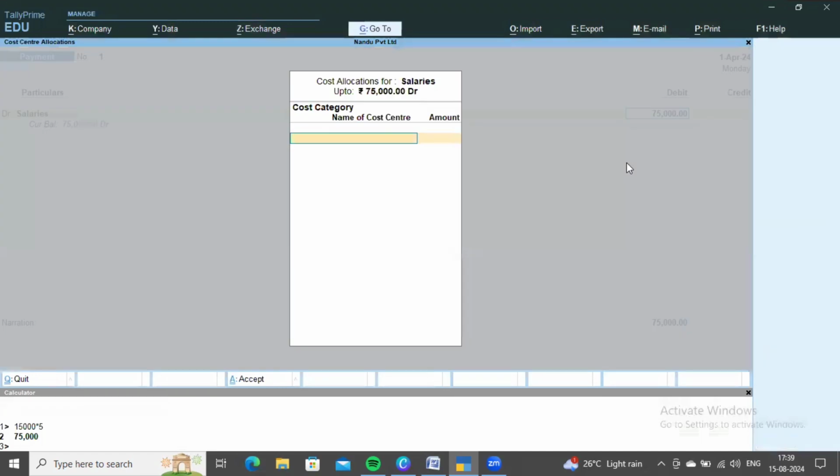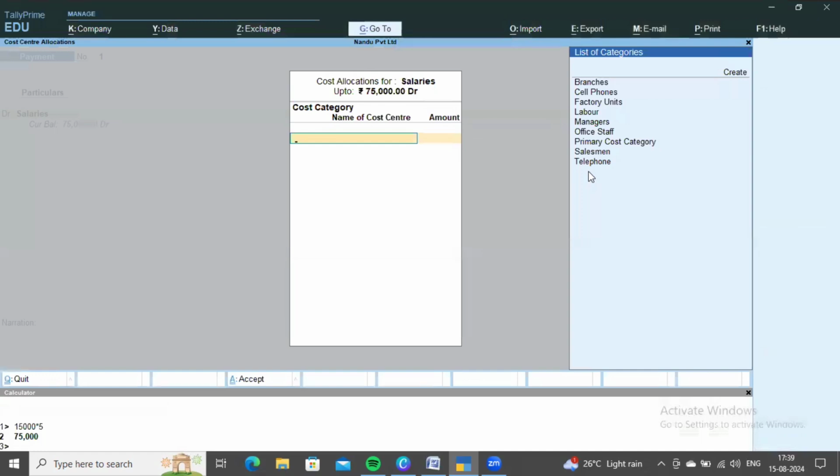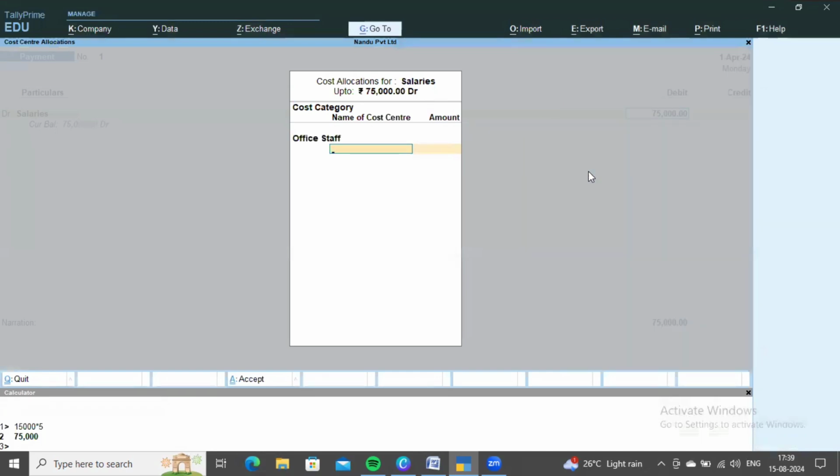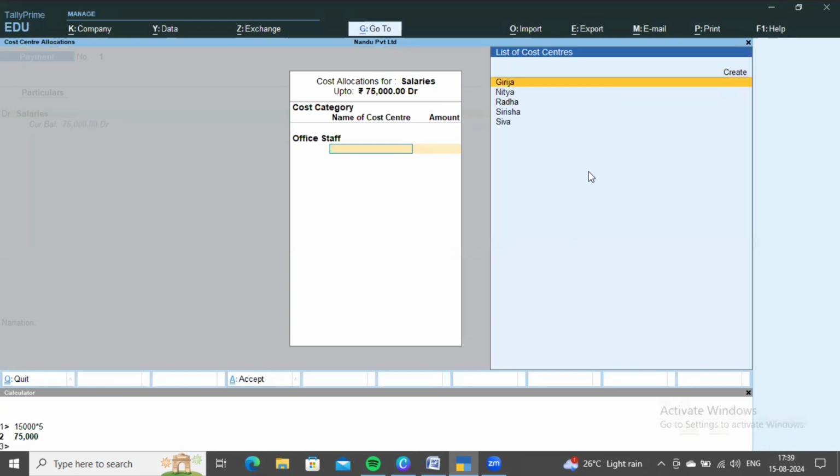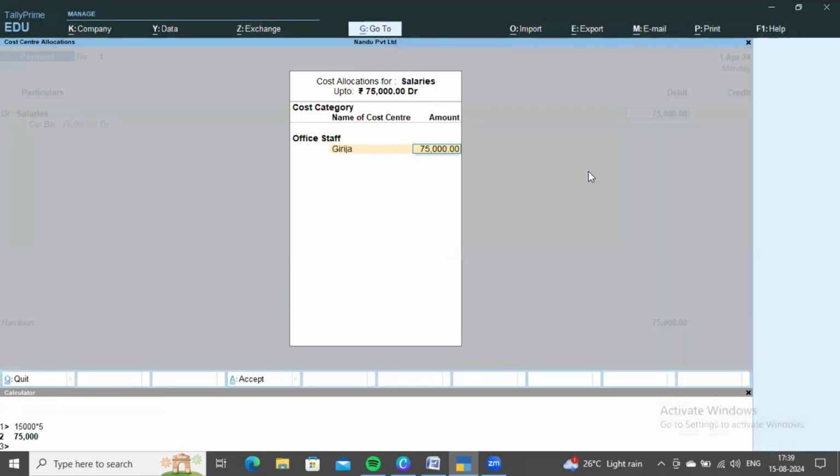By pressing Enter, the cost allocation screen appears. In that, by pressing space, the list of categories appears. You need to select office staff because you are assigning salaries to the office staff category. Again press space and give the cost centers one by one, with 15,000 each, because you are assigning 15,000 each.